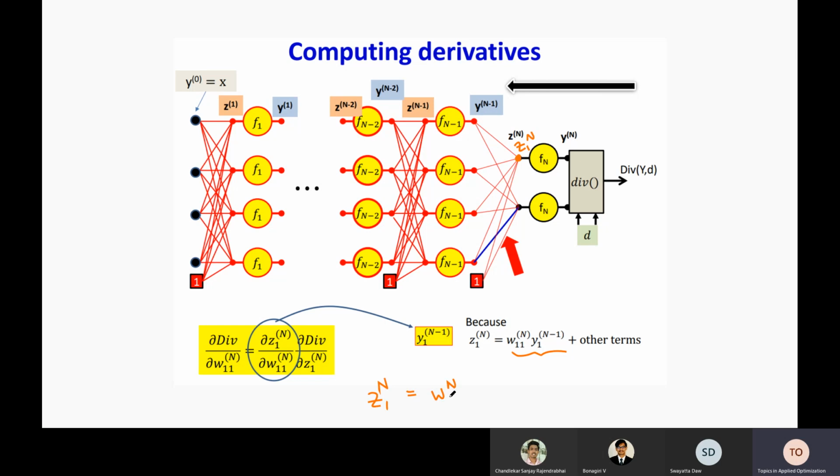W11 Y1 n minus 1 plus W21 Y2 n minus 1 plus, and so on, plus Wn1 Yn n minus 1.